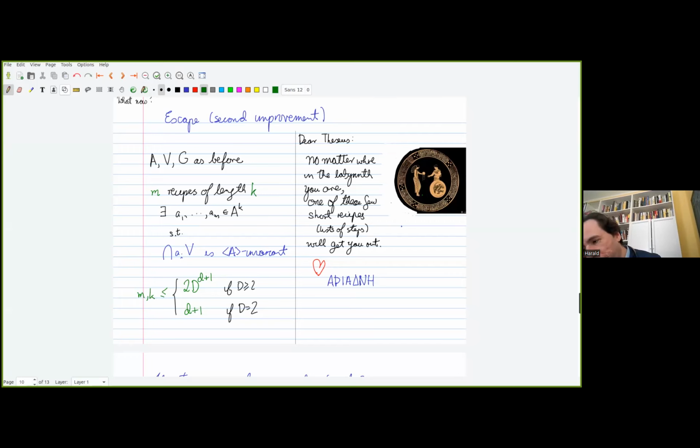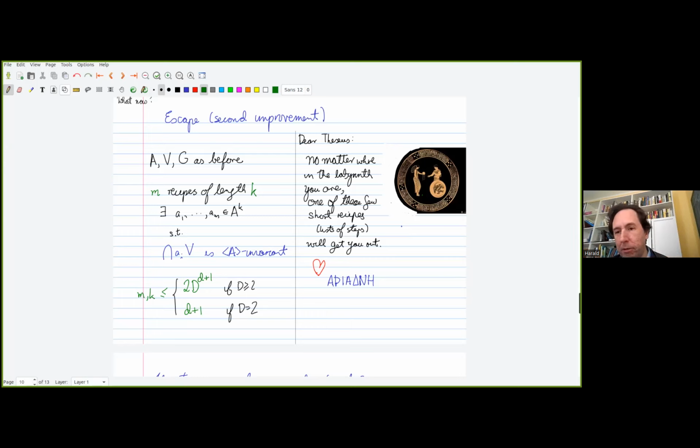So Theseus has to get into the labyrinth. And Theseus is courageous, but not very smart. So Ariadne gives him very detailed instructions. She tells him, you go and kill the Minotaur. And now you're going to get out. You don't know how to get out, but I'm going to give you a recipe book with just a small bounded number of recipes.